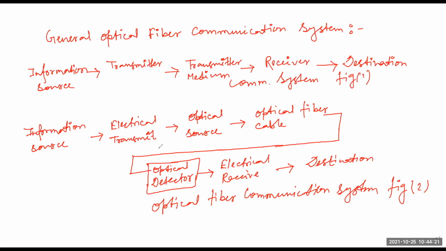So the transmitter, comprising electrical and electronic components, converts the signal into a suitable form for propagation over the transmission medium. This is achieved by the modulator, so this is achieved by modulation, and for the modulation we need a carrier signal.